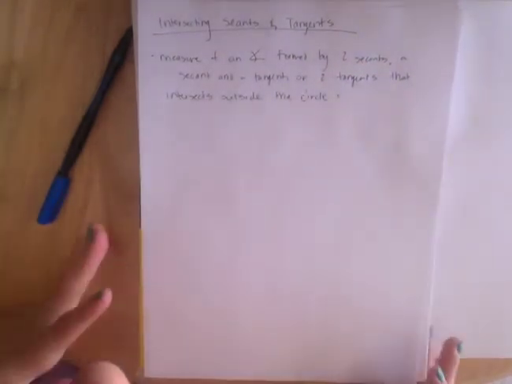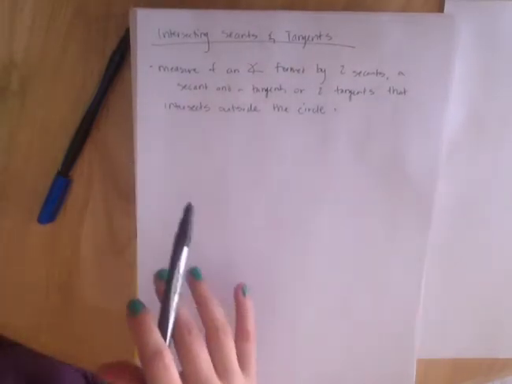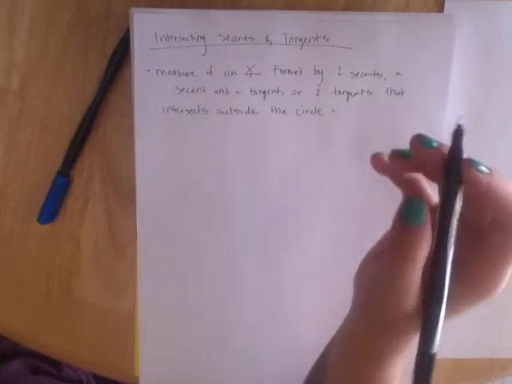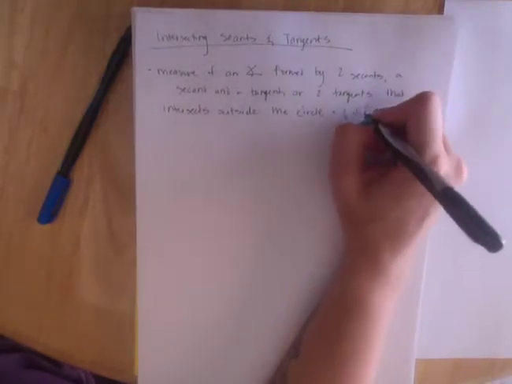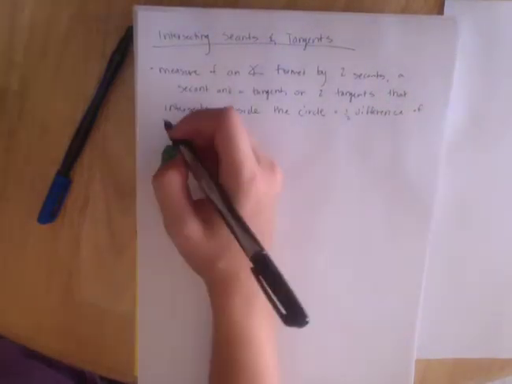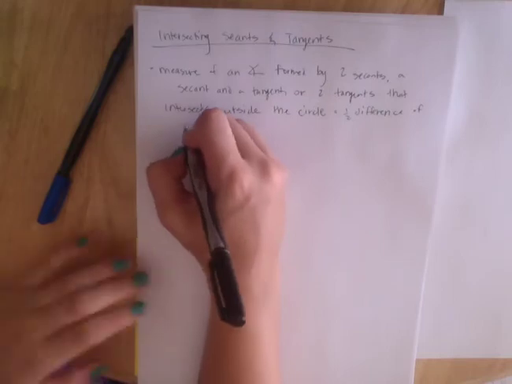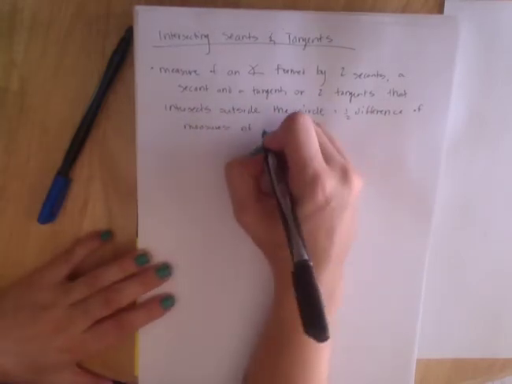So if we have an angle formed by either two secants, a secant and a tangent, or two tangents, and all of them intersect outside the circle, this is 1/2 the difference of the measures of intercepted arcs.